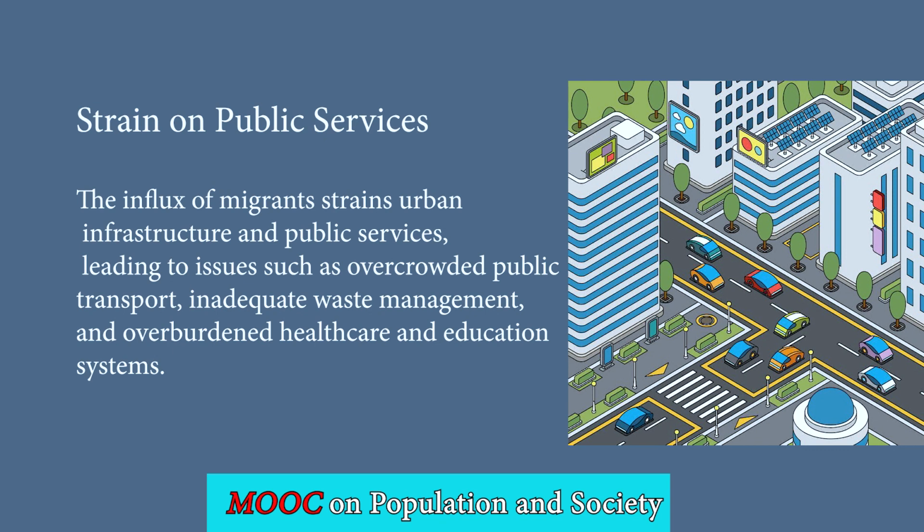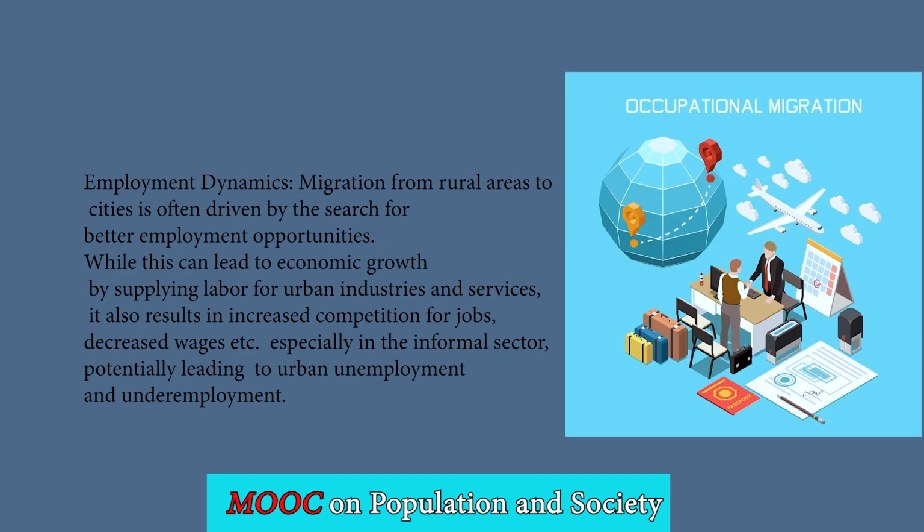The influx of migrants strains urban infrastructure and public services, leading to issues such as overcrowded public transport, inadequate waste management, and overburdened healthcare and education systems. The second consequence is on employment. Migration from rural areas to cities is often driven by the search for better employment opportunities.